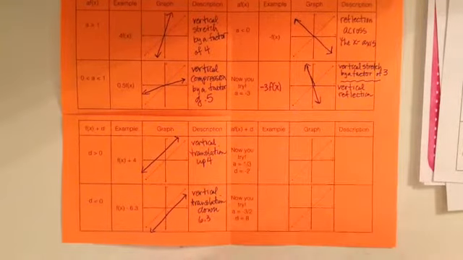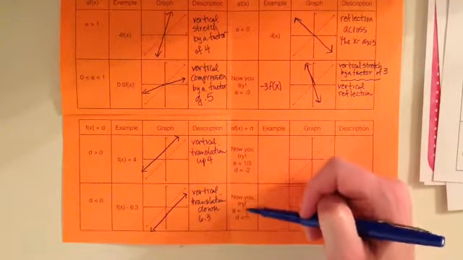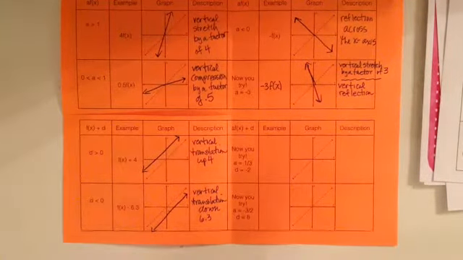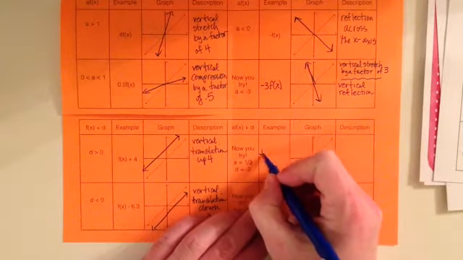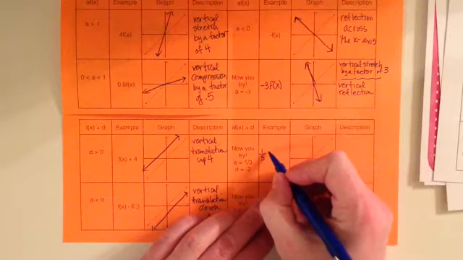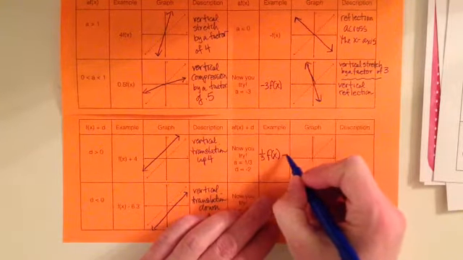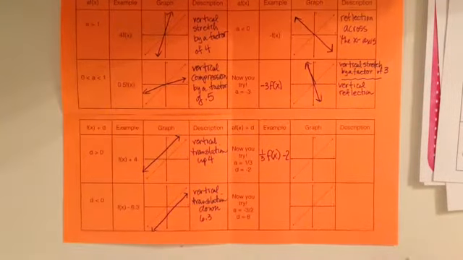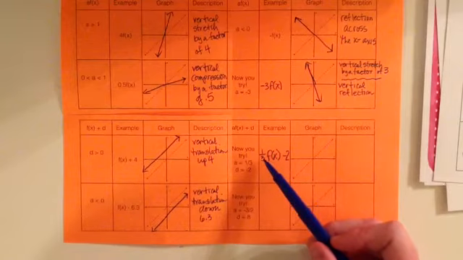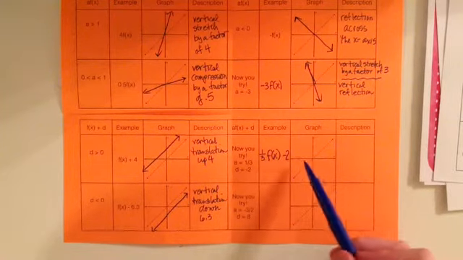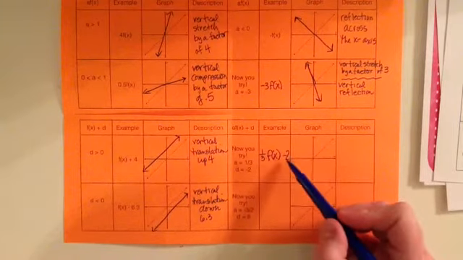Now, you try. Here we're mixing A and D, so it's going to be a little bit tricky. We got a lot of stuff to deal with. I'm going to write it as 1/3 times f of x minus 2. 1/3 means it's going to be a compression, which means the line is going to be closer to the x-axis, but we're also moving it down too.